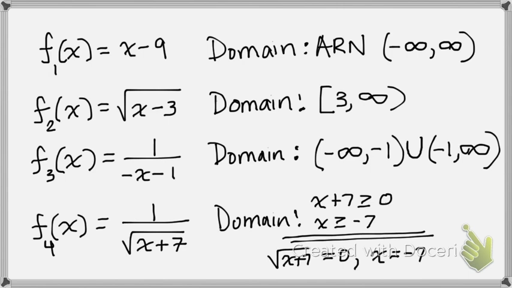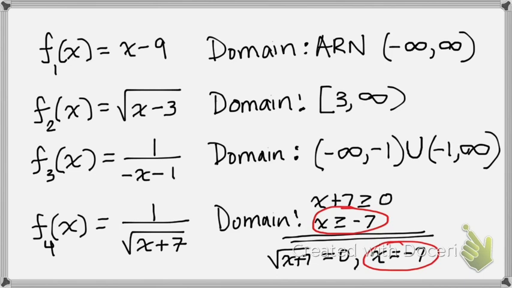Now I need both of these conditions to be met. So x has to be greater than or equal to negative 7, and x cannot equal negative 7. So think about that. Can you put those two together and say what the domain is?